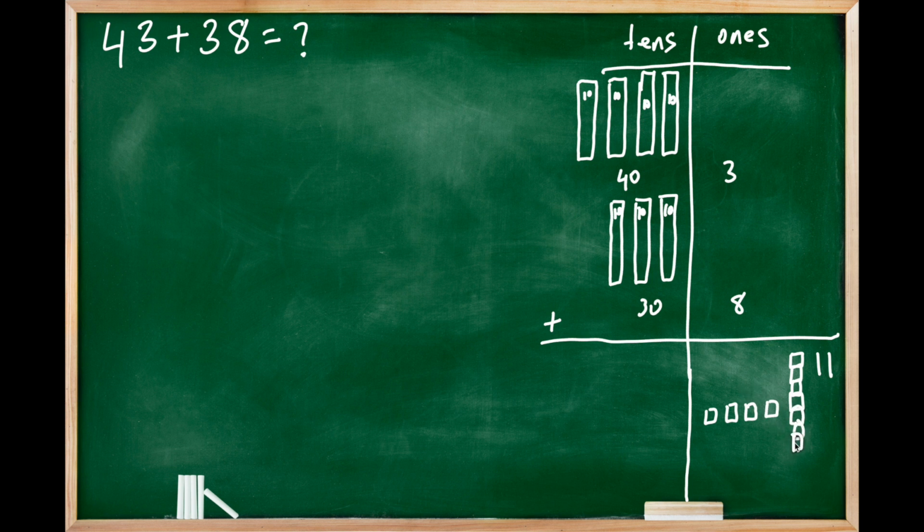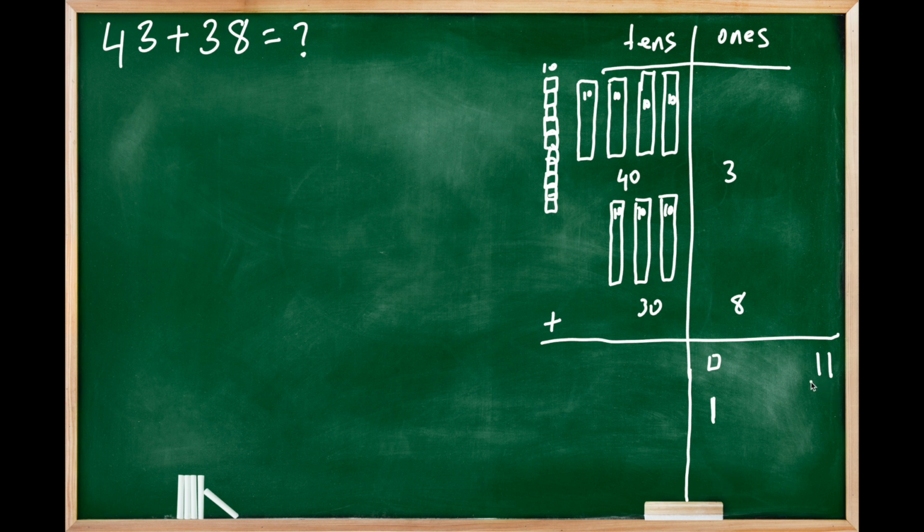So I will regroup these small blocks and make 10 out of them. This way I will make another 10 rod and then move it to the tens row. So this is a 10 and that needs to be moved to the tens row. This way I have another 10 here. What I have left here is 1 single block, so that represents 1.